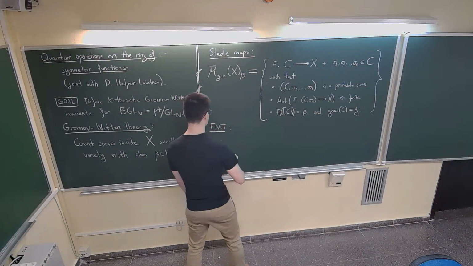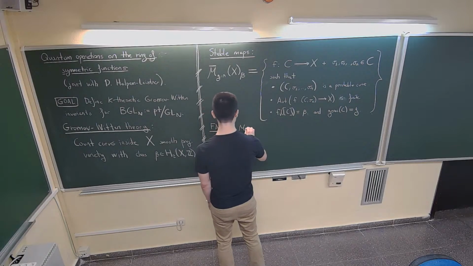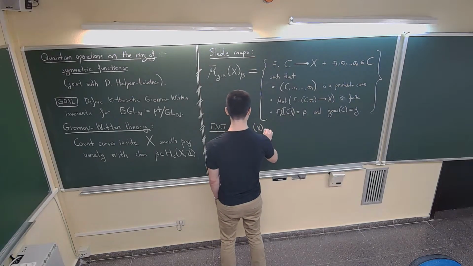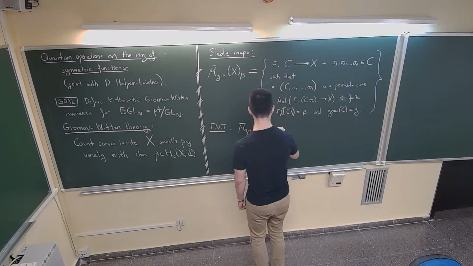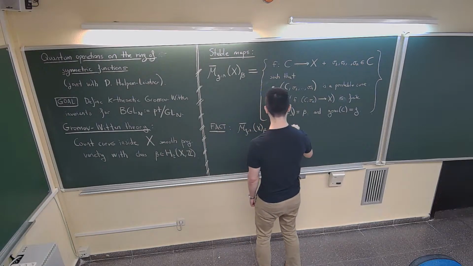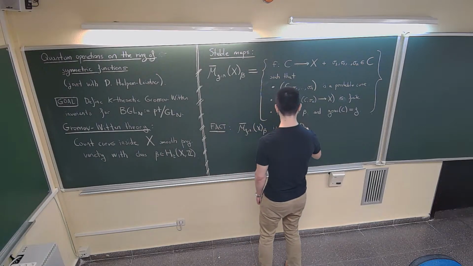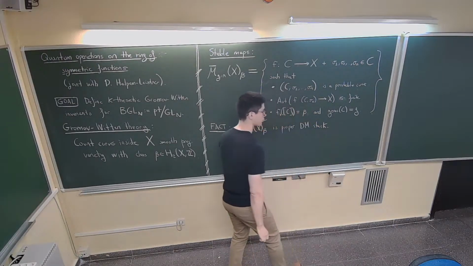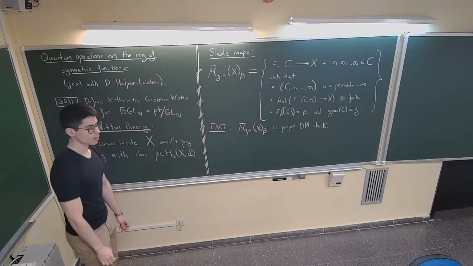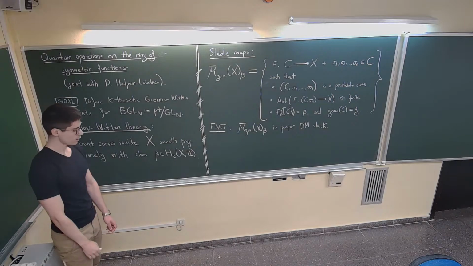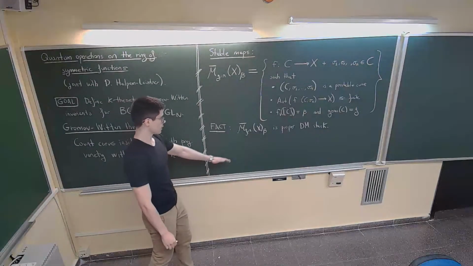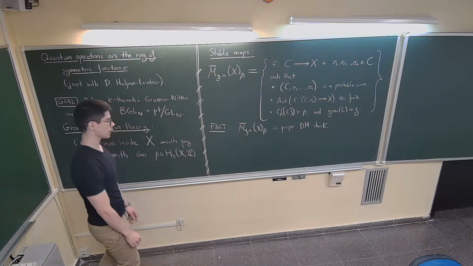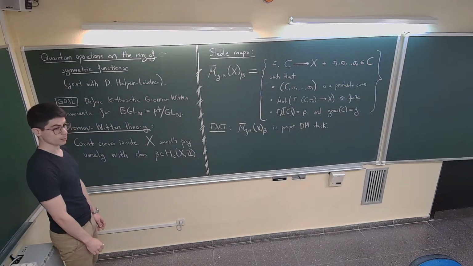One key fact is that this moduli problem is represented by a Deligne-Mumford stack that is proper. So we have a compact moduli space, and we can integrate some kind of homology class inside of it. There's something called a virtual fundamental class, and when we integrate that, we get a number.